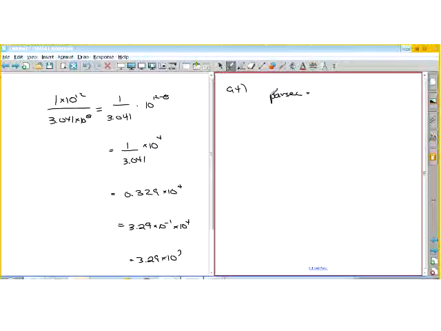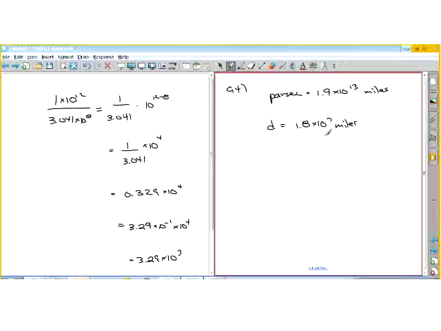So parsec equals 1.9 times 10 to the 13th miles. The mean distance from Uranus to the Sun, I'll just say D, is 1.8 times 10 to the 7th miles. How many parsecs is Uranus from the Sun?